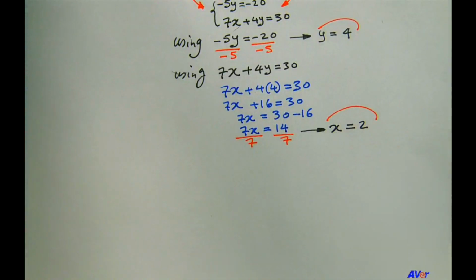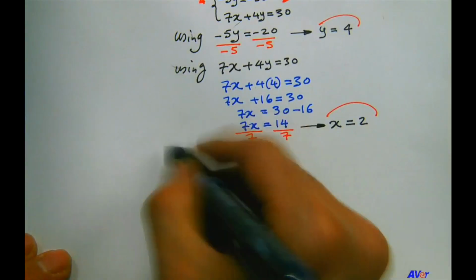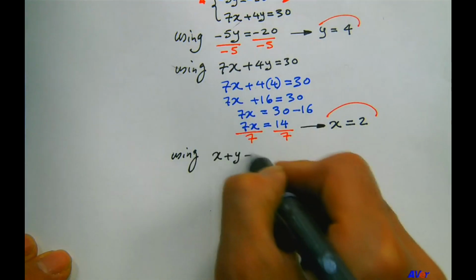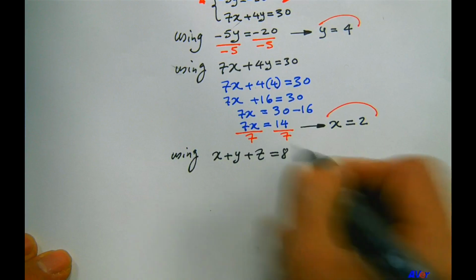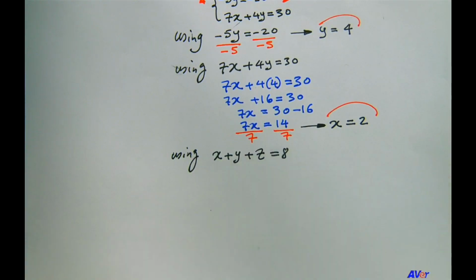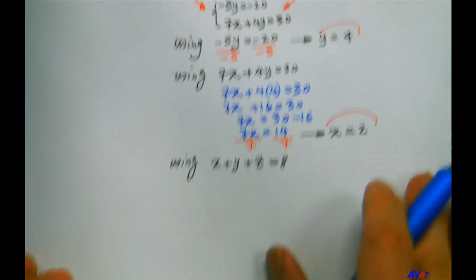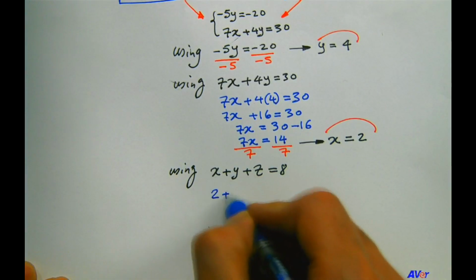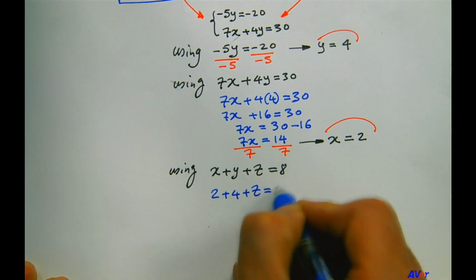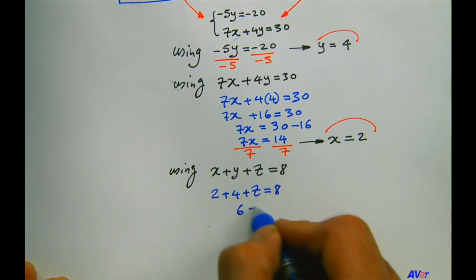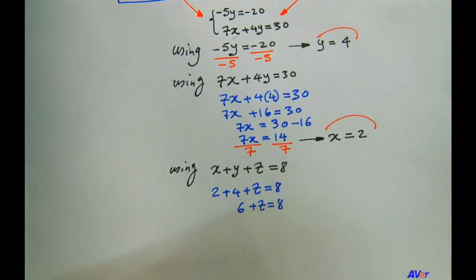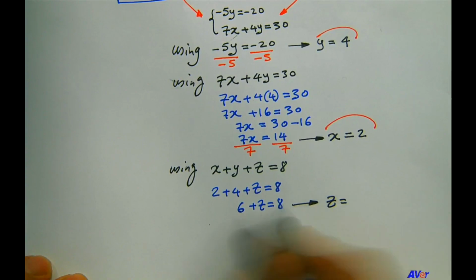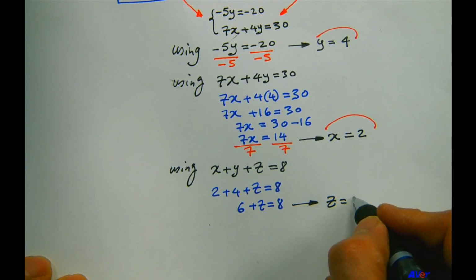Using x plus y plus z equals 8, let's substitute for x and y with 2 and 4. 2 plus 4 plus z equals 8. So we have 6 plus z equals 8, which means z equals 8 minus 6, which is positive 2.